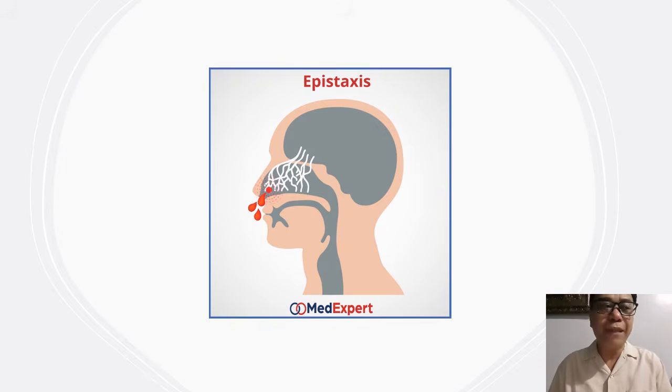So aside from that, we could also put a cold compress or ice pack over the nose so that it will promote vasoconstriction. Okay, sometimes in some areas they're using nasal pack with neosynephrine. Okay, so we're using nasal pack with neosynephrine.